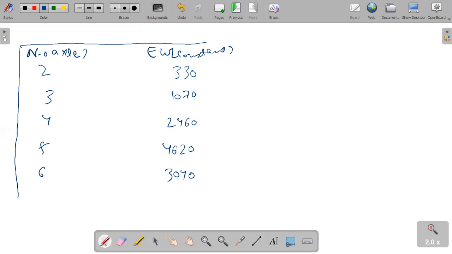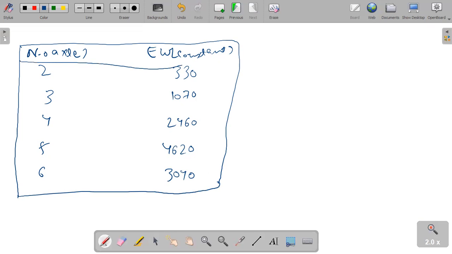So do remember this table. It will help you solve numericals.